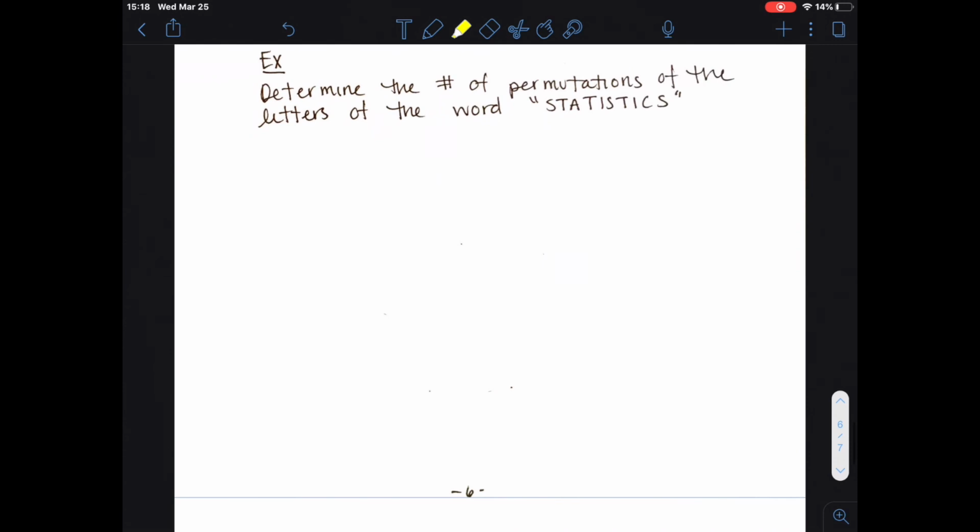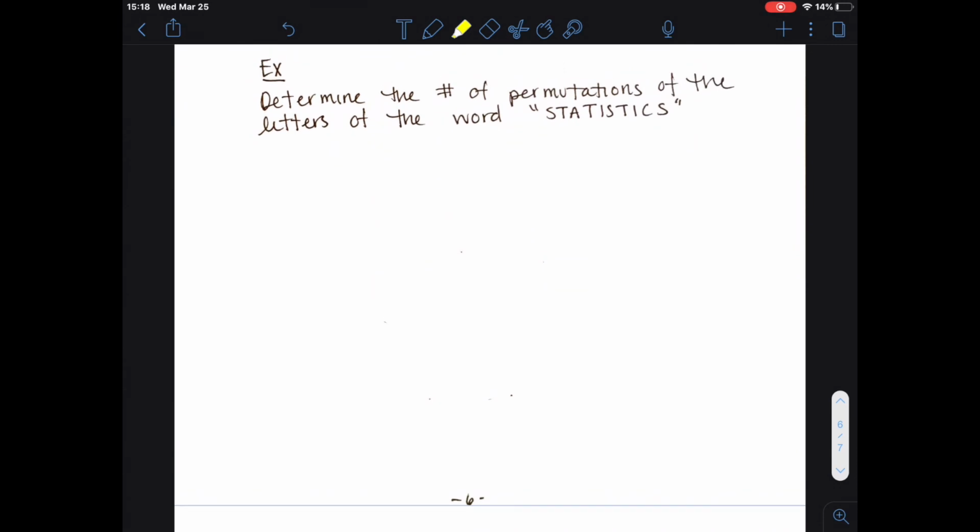So let's try a harder example where we've got a few different letters that repeat. We want to see the number of ways we can permute the letters of the word statistics. The T's are not distinguishable, same thing with the S's and with the I's. So in total, we have 1, 2, 3, 4, 5, 6, 7, 8, 9, 10 letters.